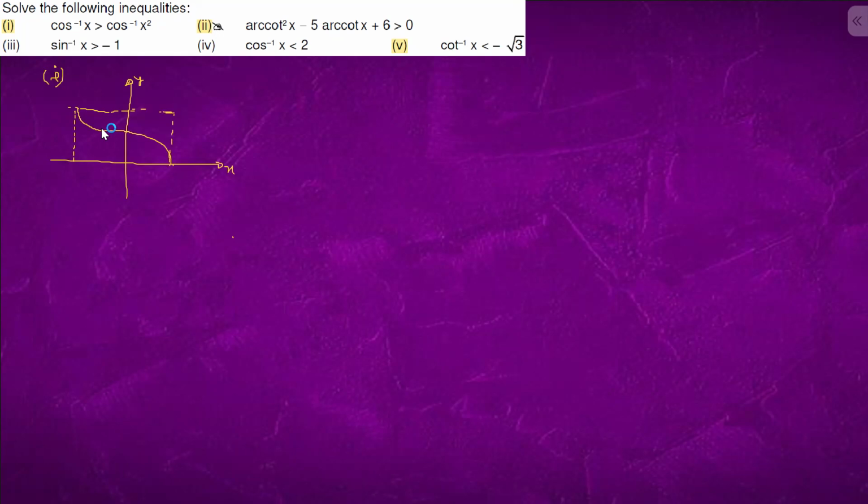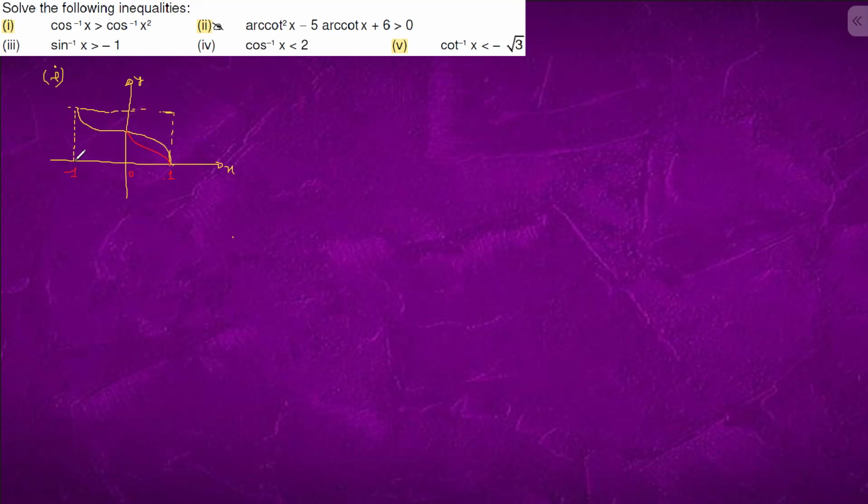If we see for values between 0 to 1, if we take the square, it will come out to be somewhere deeper. And it is again a square, so it will be what? Reflection of the x-axis on y.